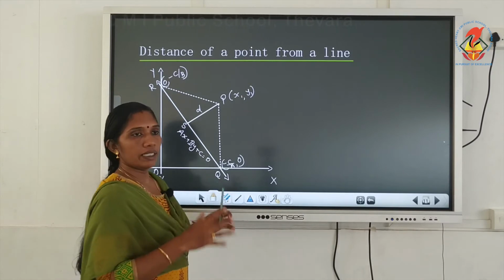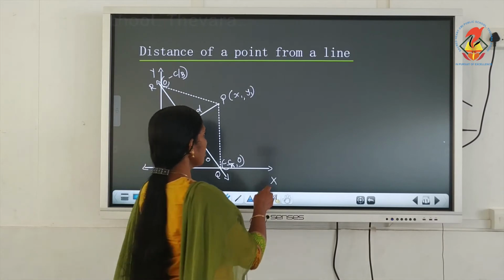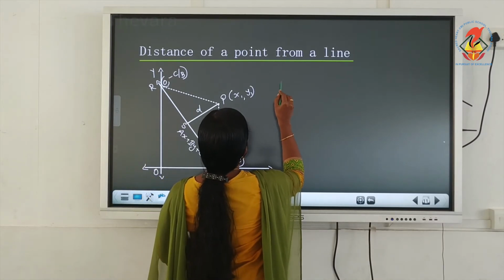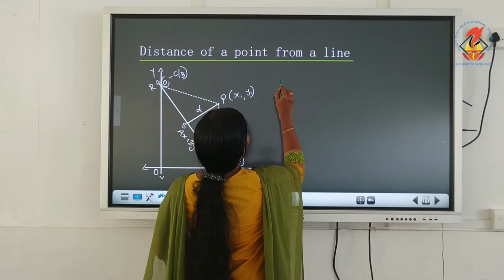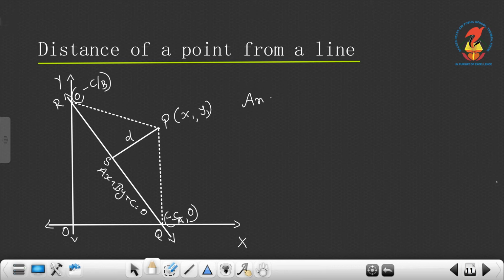So, we apply the formula for finding the area of the triangle. Area of triangle PQR is equal to half into, what is the formula to find the area of a triangle? Half into base into altitude.